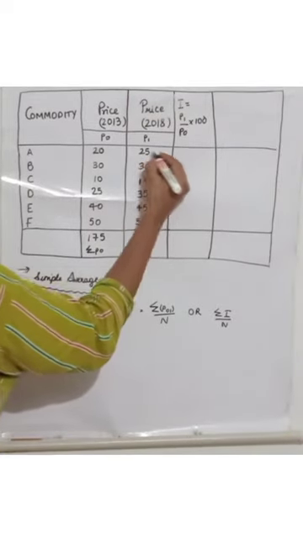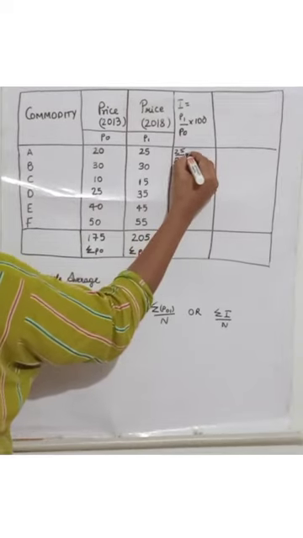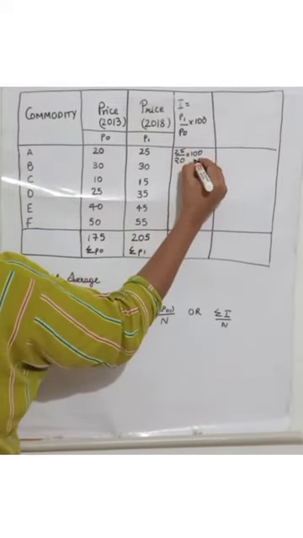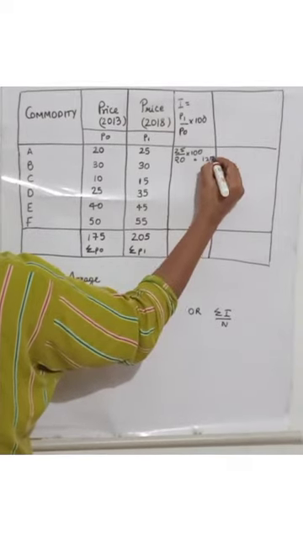So P1 is 25 divided by P0 is 20 into 100. The value is 125.